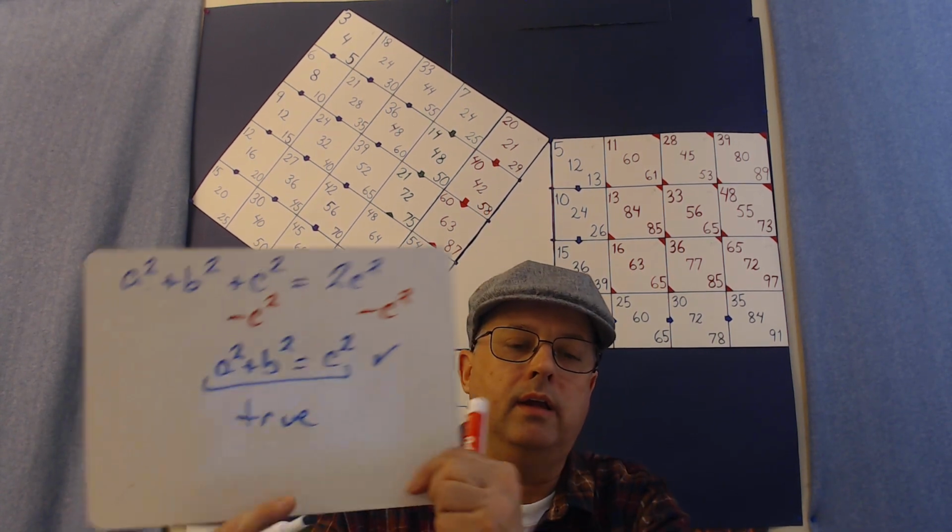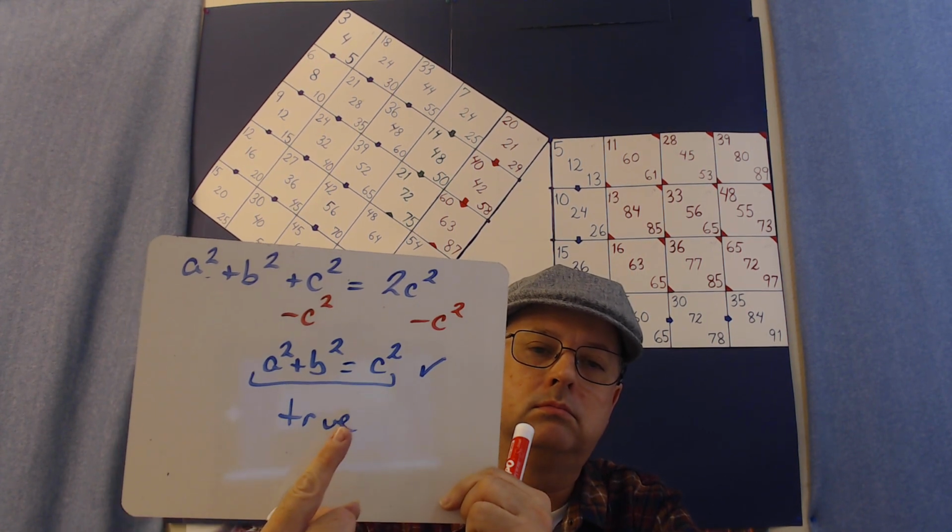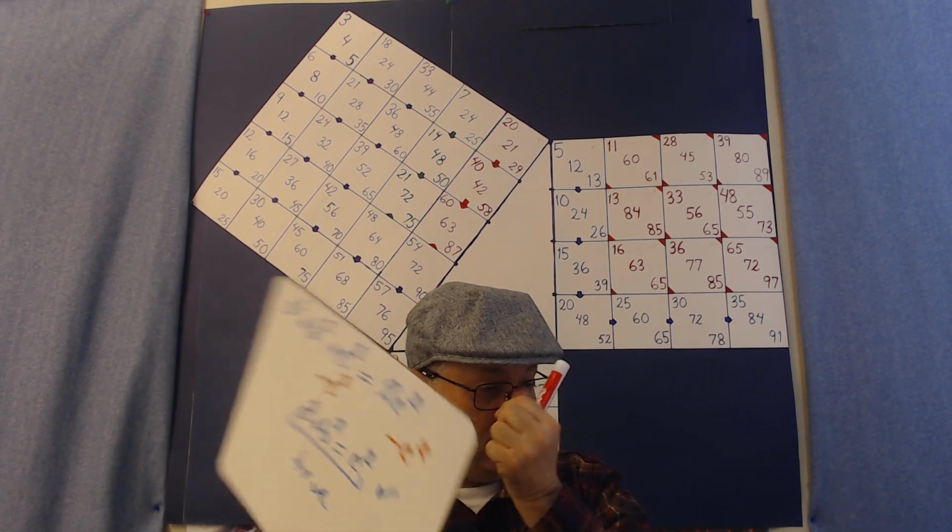Okay, so this is true. A squared plus B squared equals C squared. That's true. That's the Pythagorean theorem.